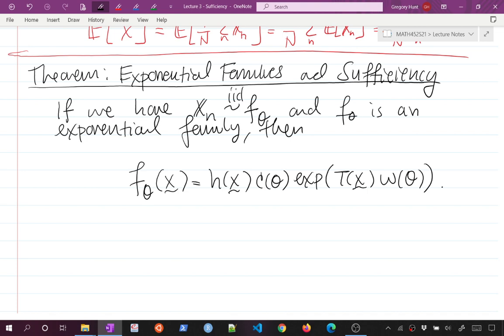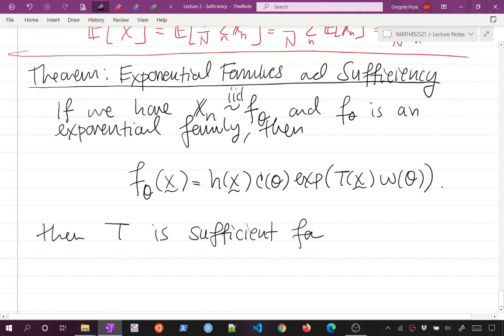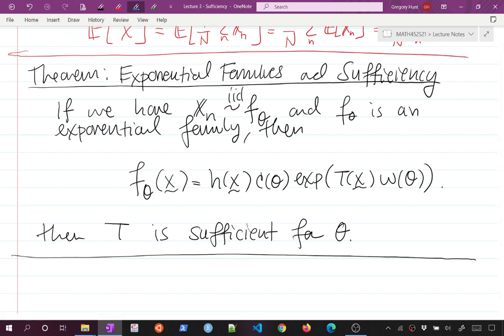And indeed, not surprisingly, you might be able to see it. The theorem says if we have this from an exponential family, then t is sufficient for theta.